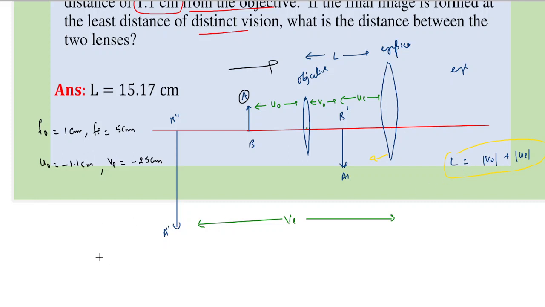By using the lens equation, we know that 1 by F is equal to 1 by V minus 1 by U. Since we're writing for the eyepiece, we'll put suffix e here. In this case, VE as well as UE is negative by sign convention. So this becomes 1 by FE is minus 1 by VE plus 1 by UE.